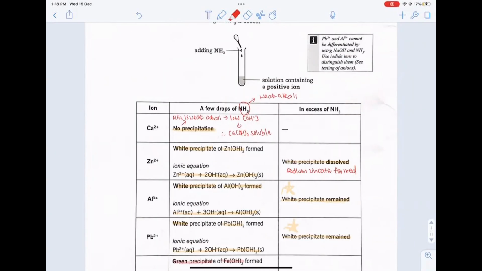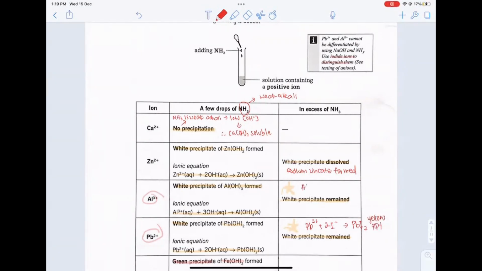Please take note that between your Pb2+ and your Al3+, you realize that both will give you the exact same observations when you add both aqueous ammonia and aqueous sodium hydroxide. So how do you differentiate between them? We have to use iodide ions to distinguish them. For Pb2+, in the presence of iodide, it will give you lead(II) iodide, which is a yellow precipitate.